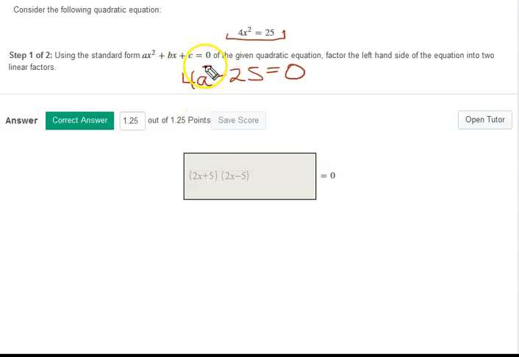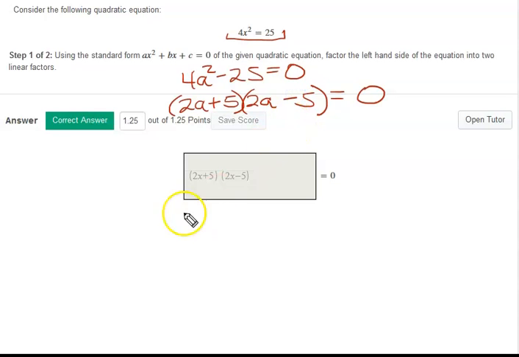This is a perfect square. This is a perfect square. We have the difference of perfect squares. So this will factor into its conjugates: 2a, 2a, 5 and 5, and one is plus and one is minus.